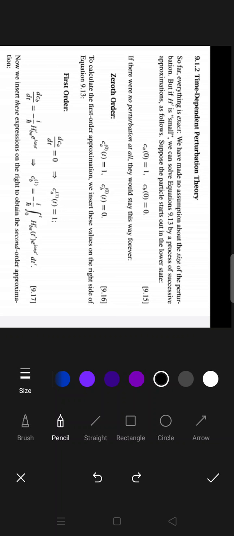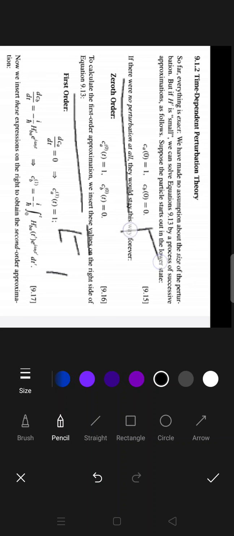So so far we have learned that if you have two states, E1 and E2 are the two states. This is state psi one, this is state psi two.